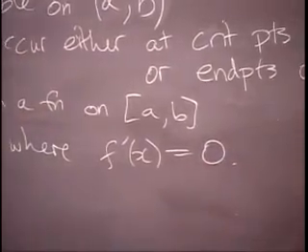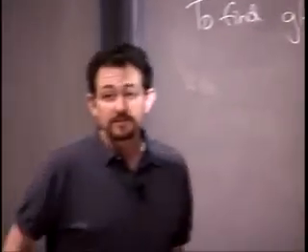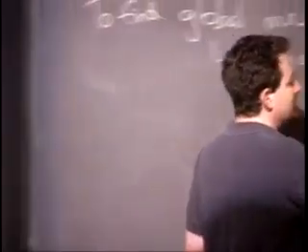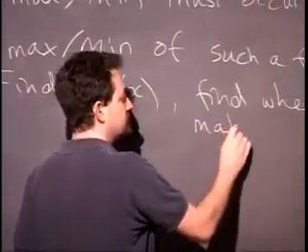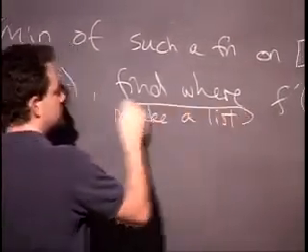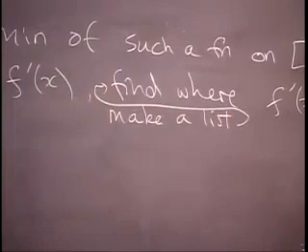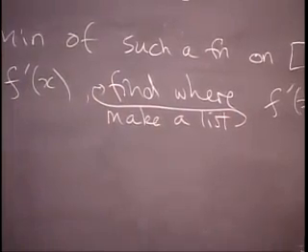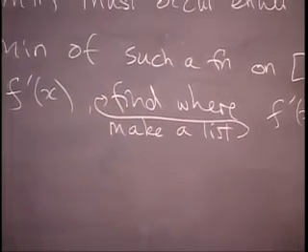So we want all the values where it equals 0. Now there might only be one, there might be none, or there might be many. So make a list. So you write down all the places where the derivative is 0 in the interior.